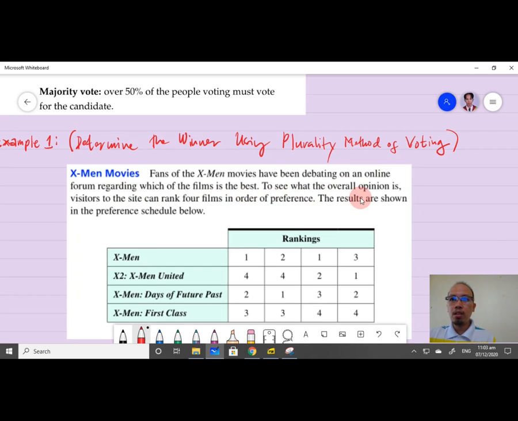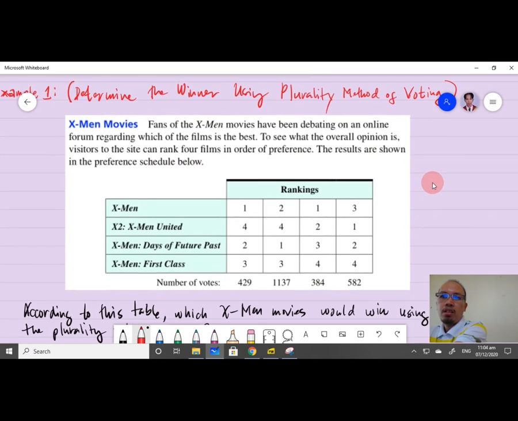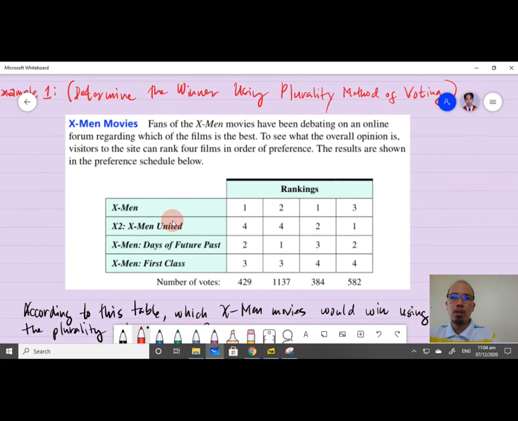To see what the overall opinion is, visitors to the site can rank 4 films in order of preference. The results are shown in the preference schedule below. This is what we call a preference table or schedule.